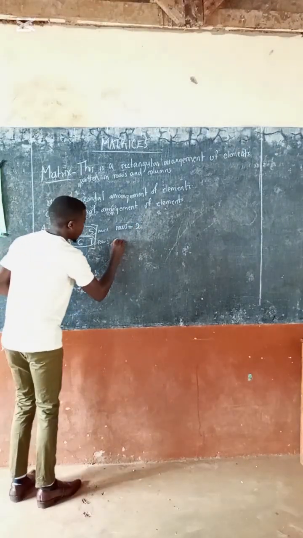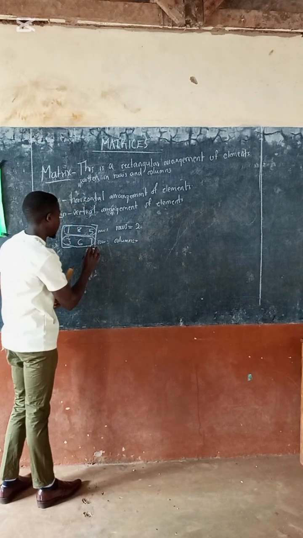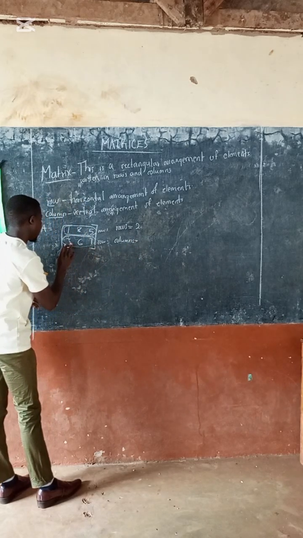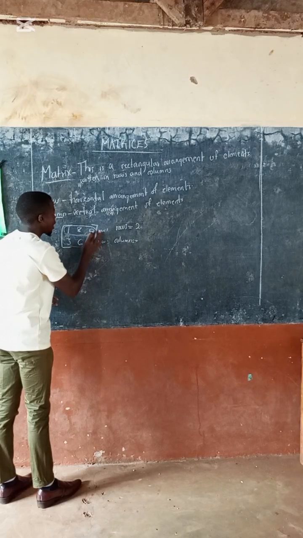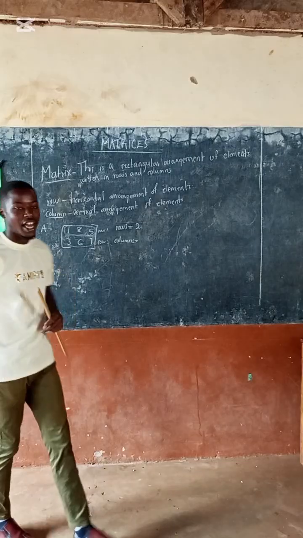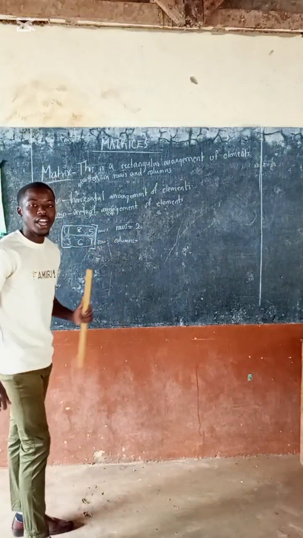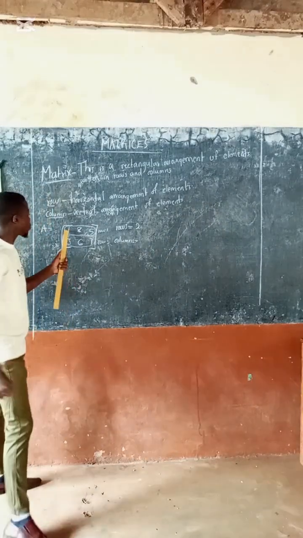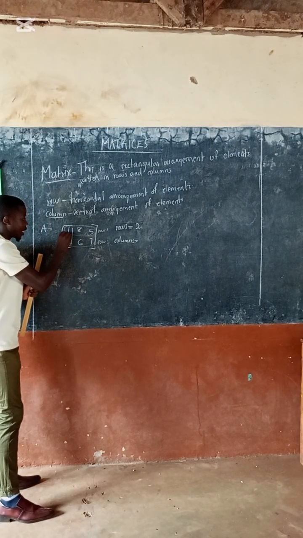What about columns? What is the number of columns here? Which elements here are organized vertically? We say columns are vertical arrangement of elements. Let us look at 1 and 3. 1 and 3 have been organized vertically.